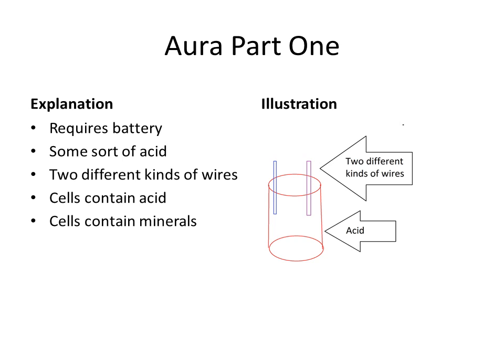The aura, Part 1. An explanation requires a battery. A battery requires some sort of acid. An acid requires two different kinds of wires. Now, your cells contain acid, and your cells also contain all kinds of minerals. The way a battery works is the acid eats off the atoms and electrons from one wire and transfers them to the other.